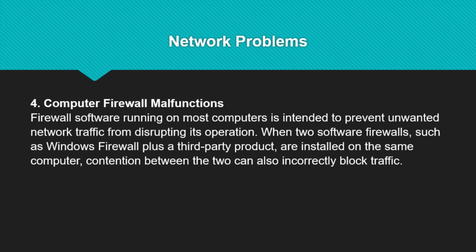Number 4, computer firewall malfunctions. Firewall software running on most computers is intended to prevent unwanted network traffic from disrupting its operation. If there are 2 software firewalls, for example, a Windows firewall and another from a third-party product installed in your computer, then it can block traffic.